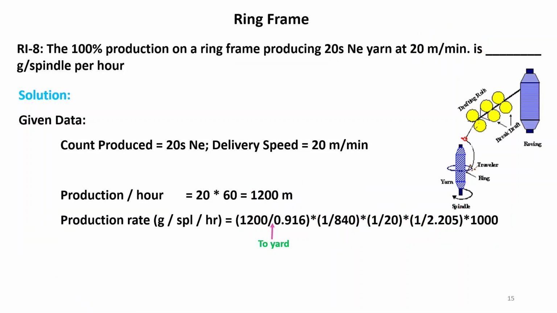This is 1200, meter to yard we are dividing by 0.916, then from yard to hank we are dividing by 840, and to pound when we are dividing by the yarn count. And then to kg we get the production at 35.36 gram per spindle per hour.